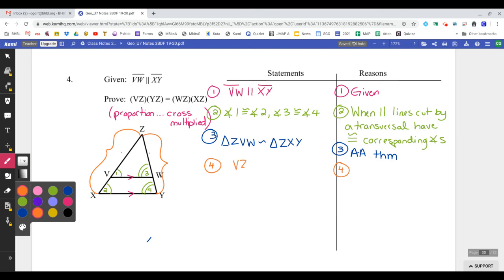So if I do something like VZ over XZ, that's the same as WZ over YZ. So the corresponding sides of similar triangles are in proportion.